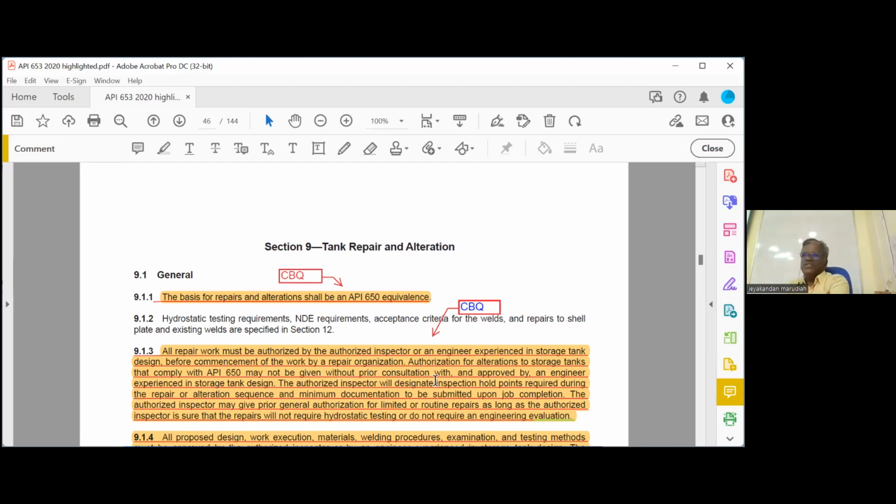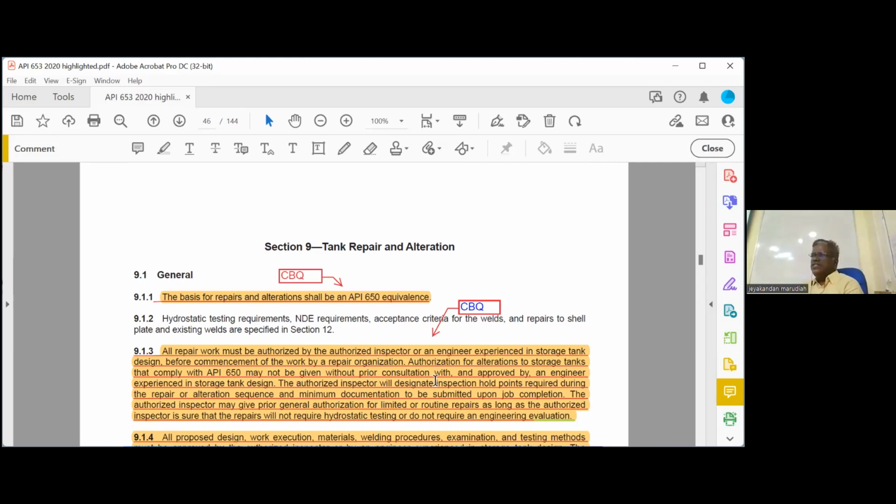Regular small little repairs. Then if you take the shell, there are two types of repair. One is called the flush patch, another one is called the fillet patch. Flush patch means we will cut and remove the plate and put a new plate with a full penetration weld. Fillet patch means the plate is already there, and above that we will put a fillet weld.